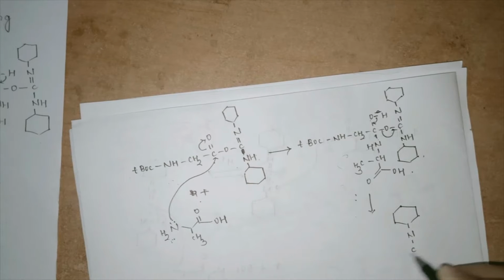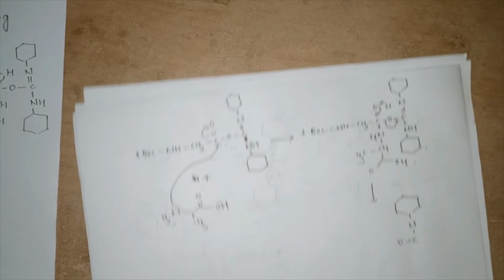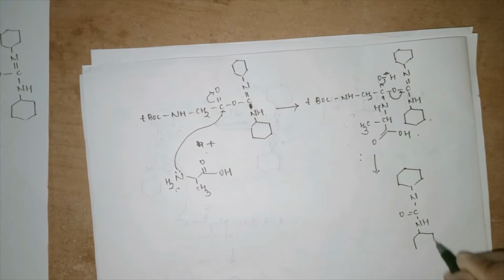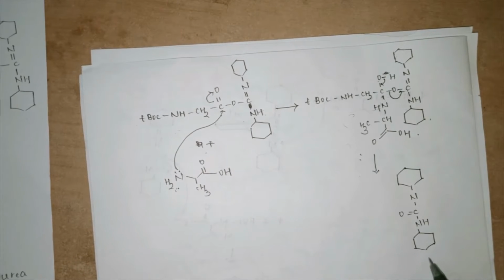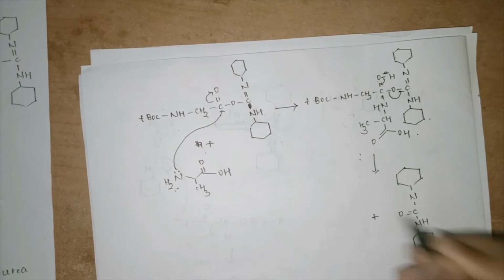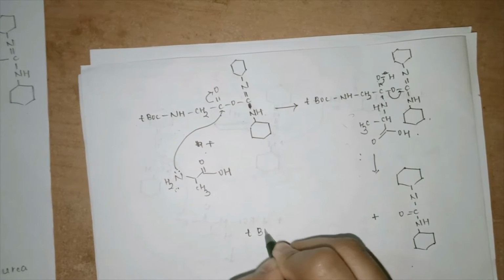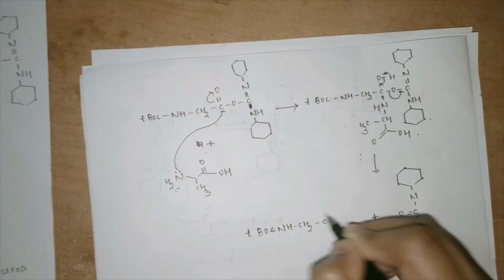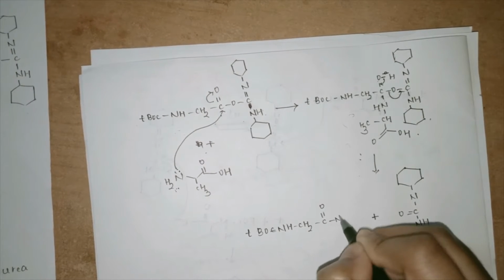Now this is a C double bond O that is newly formed, and the NH system, and there is a dicyclohexane. This is the byproduct which is formed, a dicyclohexylurea system. In the process, we also get TBOC NH CH2 C double bond O NH.